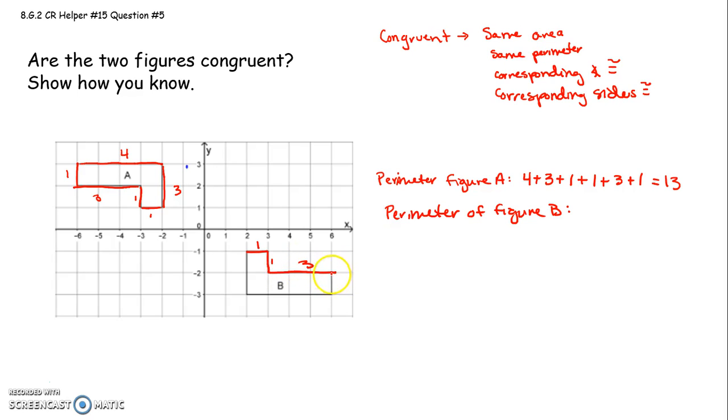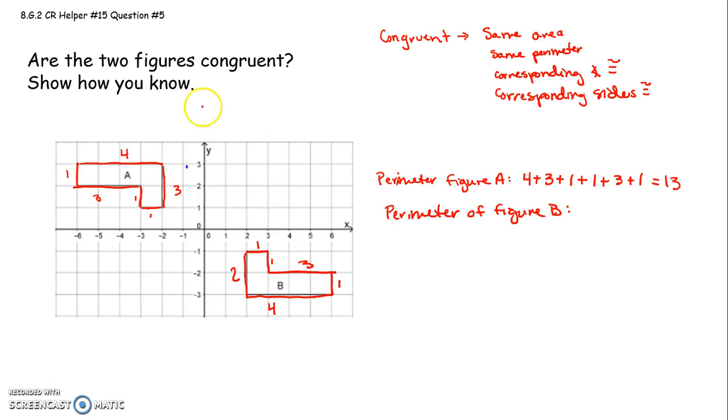Looks like corresponding sides are congruent. 1 unit, 1, 2, 3, 4 units. 1, 2 units. I think this is a reflection over the y and then a reflection over the x. Or we can look at it as just 180-degree rotation about the origin. These are definitely congruent figures. But we can prove that by just double checking about the perimeters and the areas.